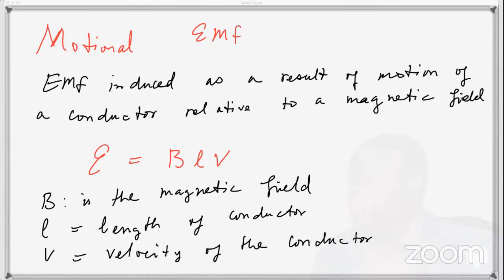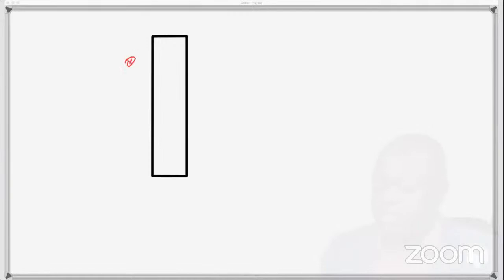And of course, the length of the conductor is the length that is moving perpendicular to the field. So for instance, let's say you have a magnetic field everywhere into the page.